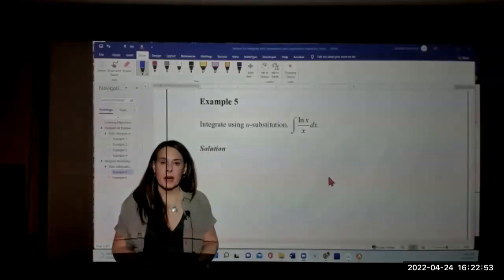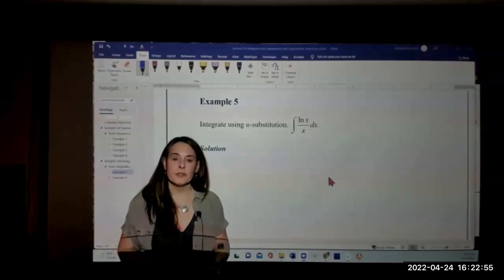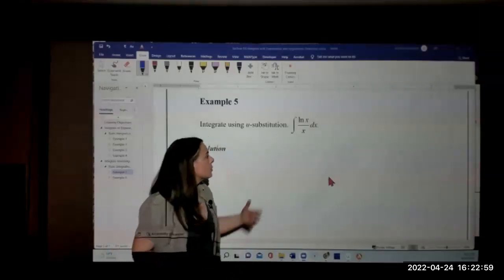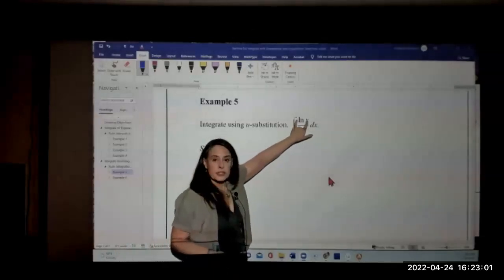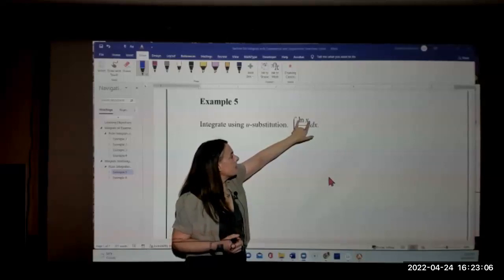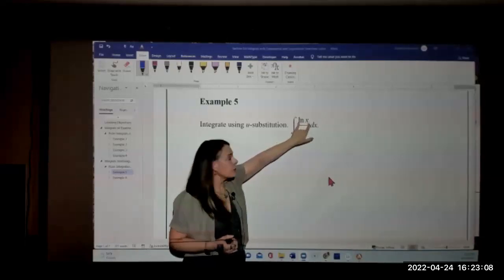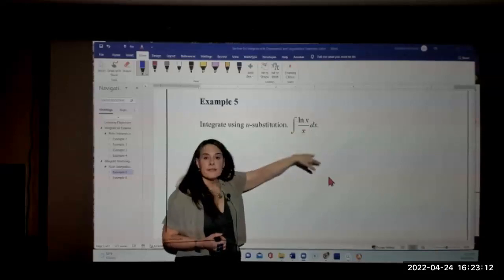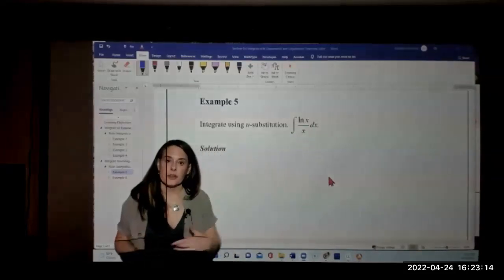We can't use the power rule, and it's not one of the trig functions where we know what the antiderivative is. When we look at this, we have two choices for u, or maybe three, depending on how you divide it up. Natural log of x is one choice for you. X by itself is a choice for you, and 1 divided by x is a choice for you.